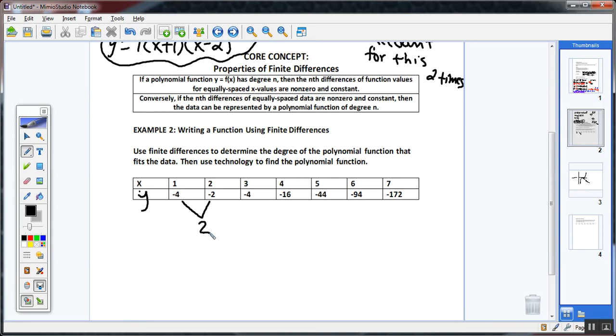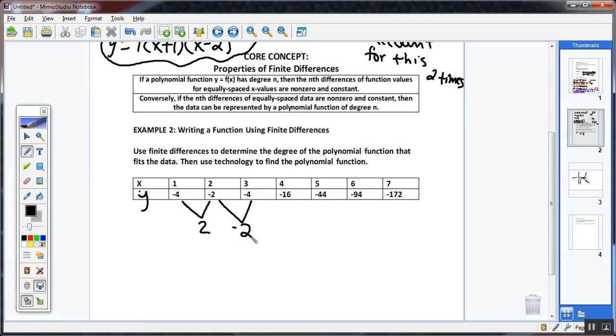Now, how about the next one? To go from -2 to -4, what's that change? Wouldn't that be -2? Just do -4 minus -2. So always this one minus the previous one. So this one was -2 minus -4. When you subtract -4, it's like adding 4, right? What's -4 plus 2 really then? Isn't that -2?